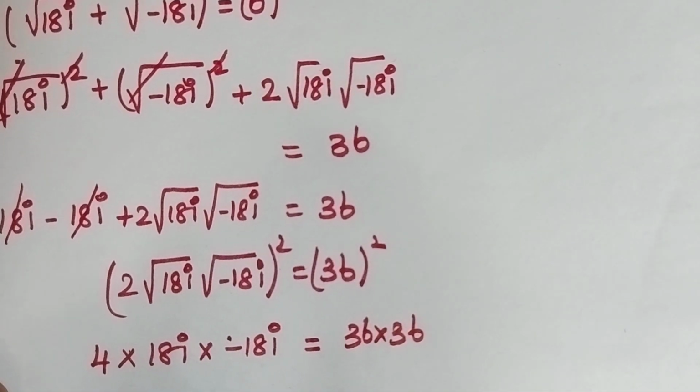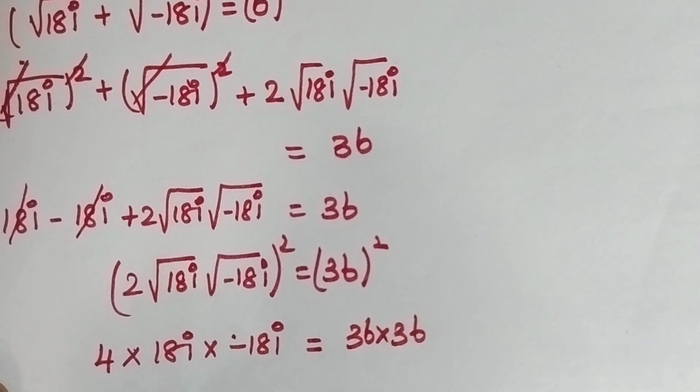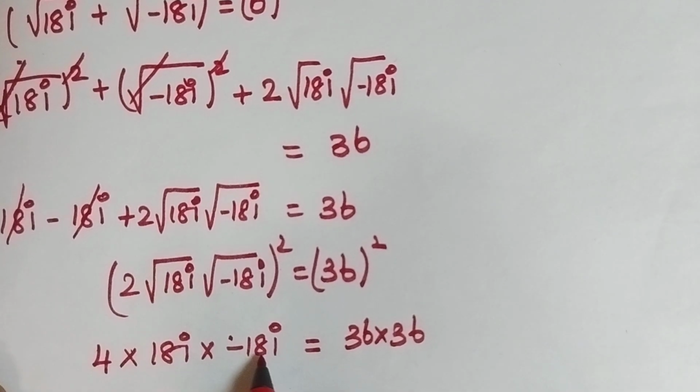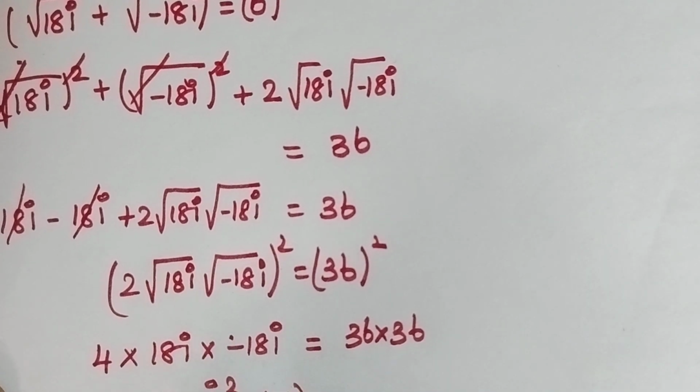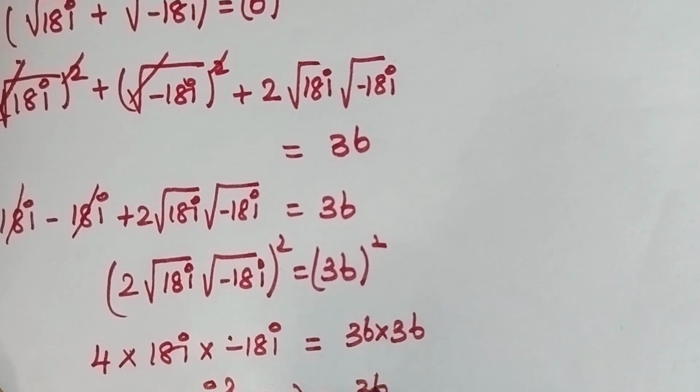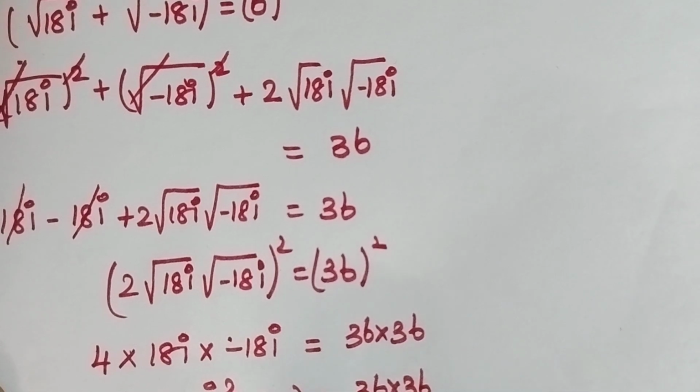Here 18 into 18 into i is i square into this minus is there. So minus 1 which is equal to 36 into 36 by 4.